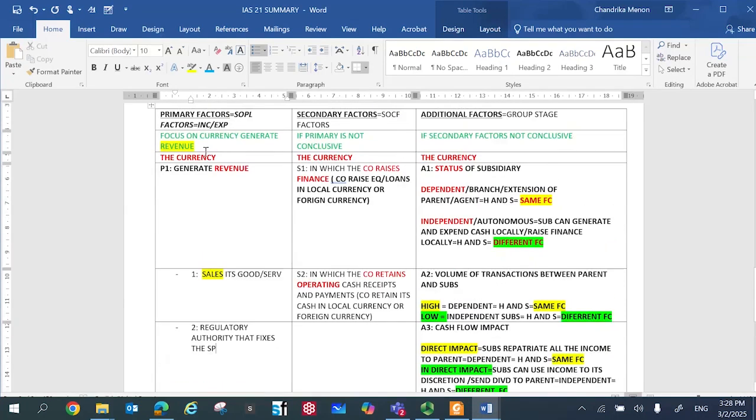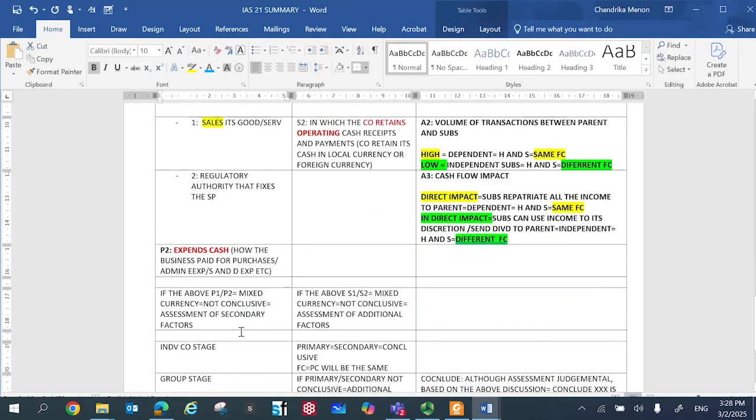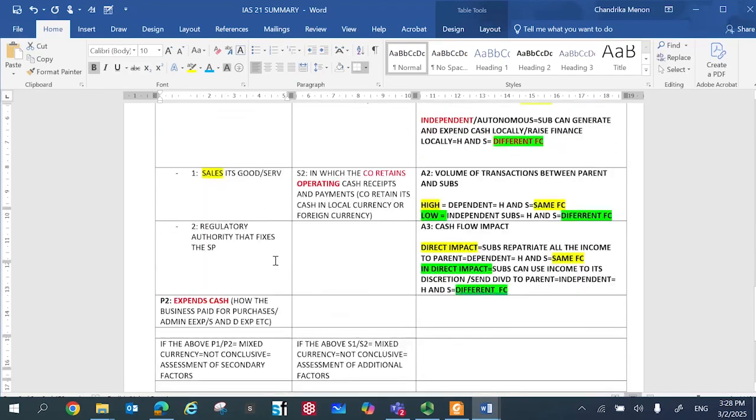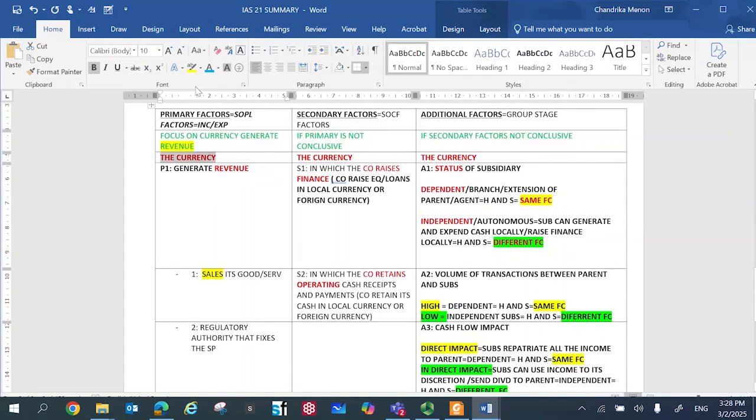Once again, I repeat, you always start with what word? The currency in which we generate revenue, the currency in which we raise sale of goods, and the currency of the regulatory authority that determines the selling price. Got it? Once again, see, the word currency is common for everything.